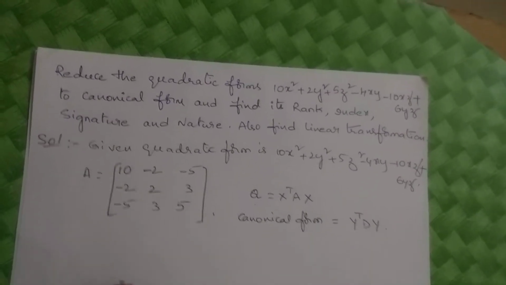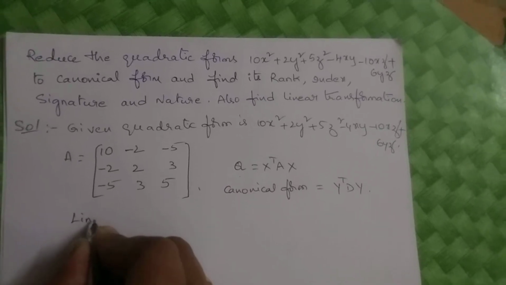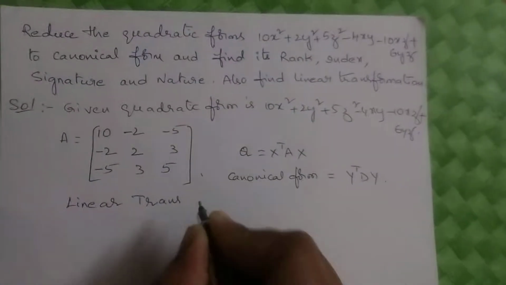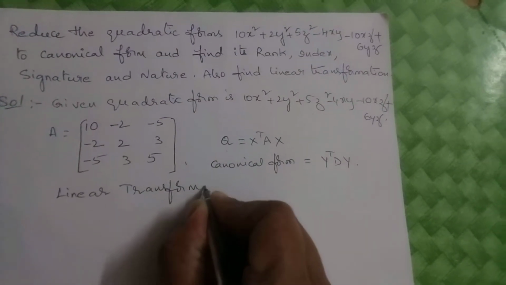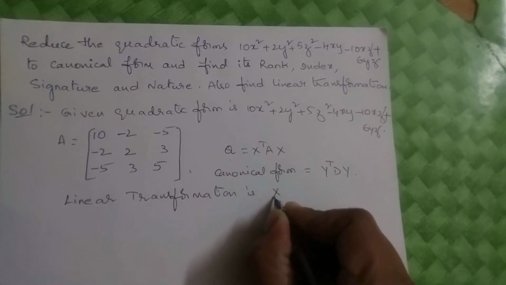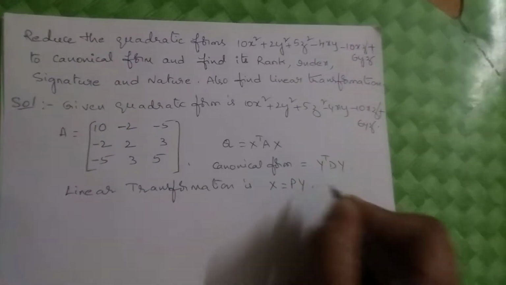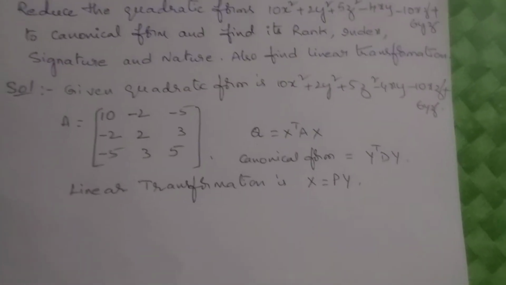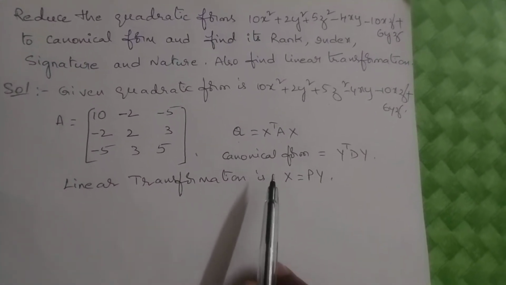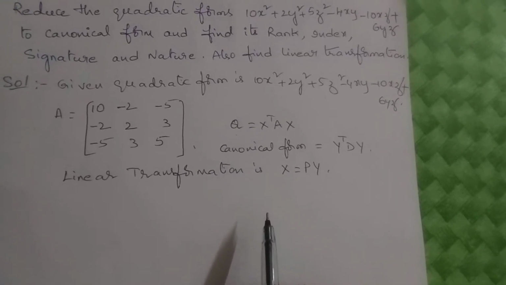And what is the linear transformation? The linear transformation is x is equal to P into y. Then what is P? P is the identity matrix after it is reduced.